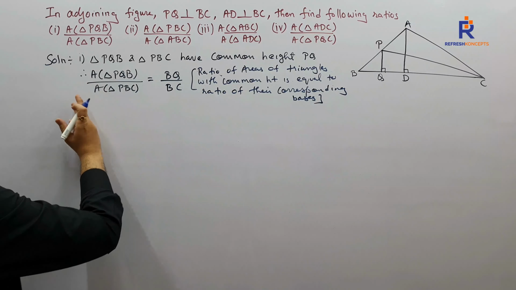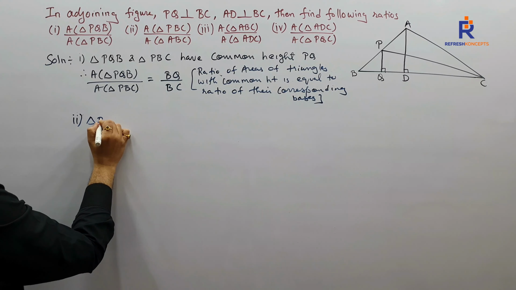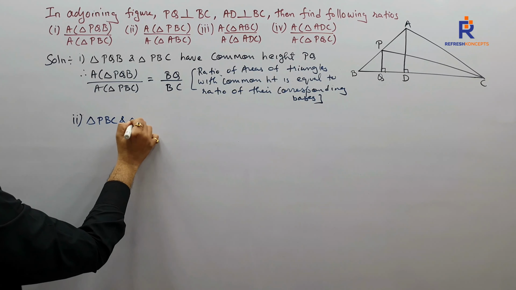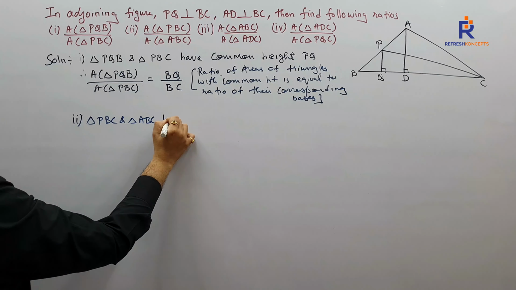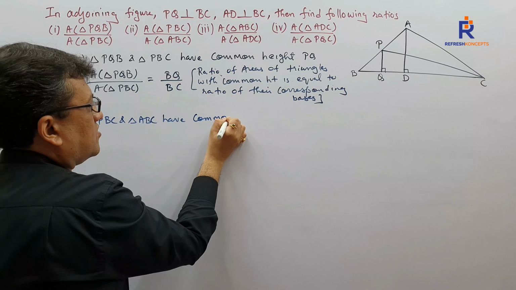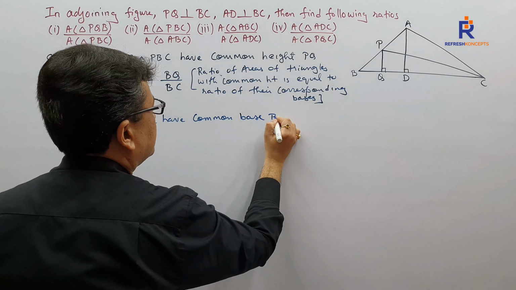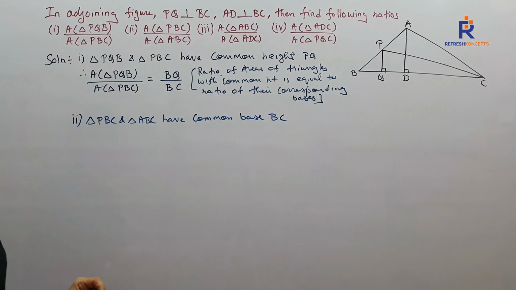So what we'll write down as the second answer? Triangle PBC and triangle ABC have common base. And what is the common base? BC. Common base is BC.